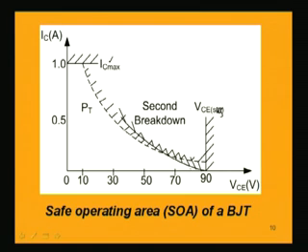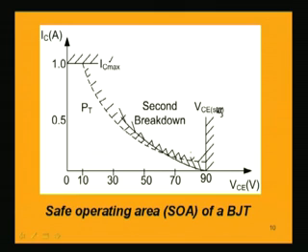When VCE is very high, IC will be less. So basically it will be a hyperbola given by this power dissipation in the transistor, and this curve specifies the maximum value of the power that can be dissipated in the transistor.